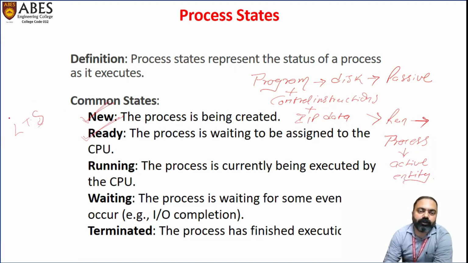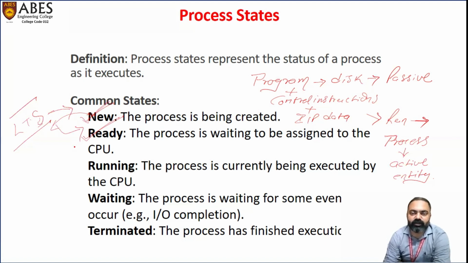The long-term scheduler fetches processes from the job queue, which is a queue in which all the new processes reside. Then LTS fetches, one by one, the new processes which want to get executed from the job queue and puts them inside the ready queue. The ready queue is a queue in which processes are waiting to be assigned to the CPU for their execution.